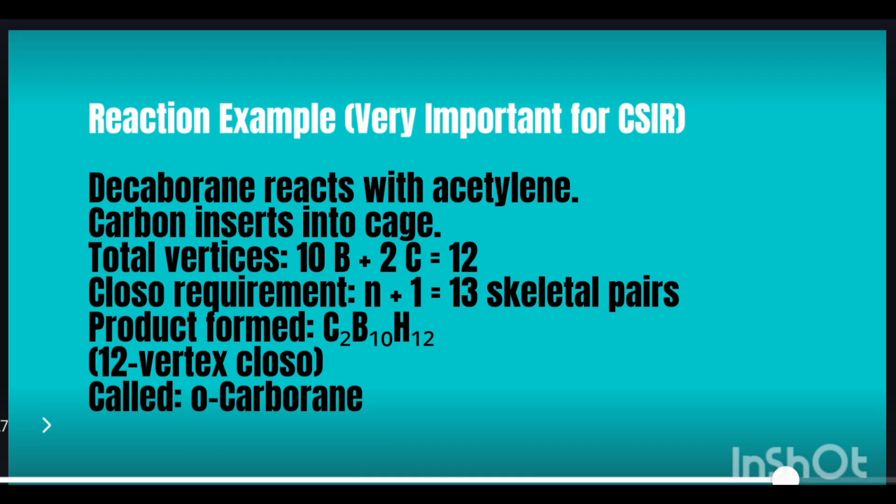For Closo, n plus 1 is equal to 13 electron pairs required. The product formed is C2B10H12. This compound is called o-carborane and it is a 12 vertex Closo cluster. And this is very important for CSIR. In December 2018, CSIR NET, they asked one question based on this concept.